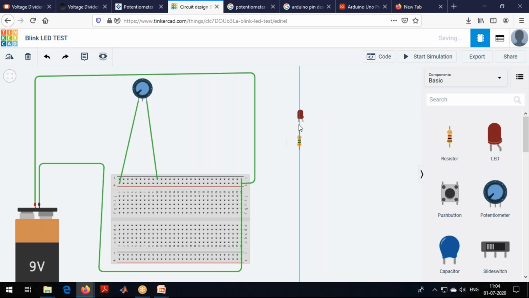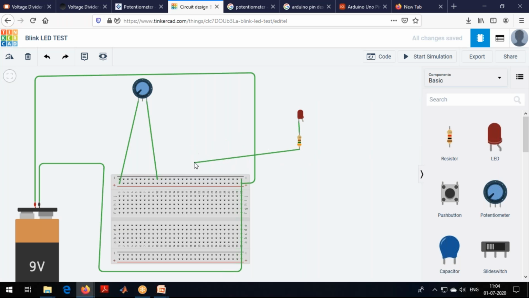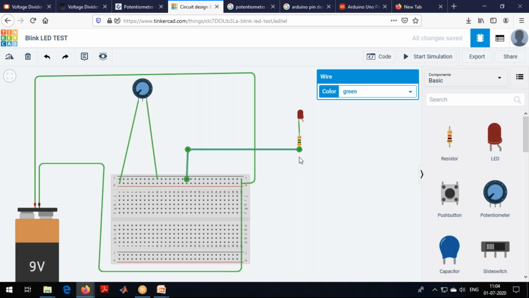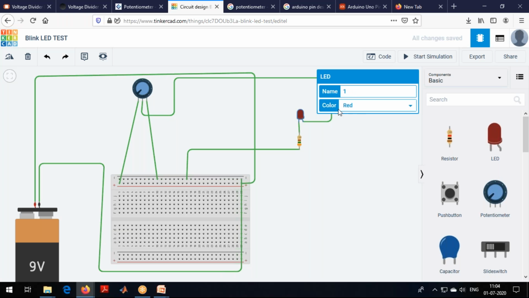This one again we need to connect to ground. This pin I'll connect to the wiper. Okay, I'll change the color of this one to green.